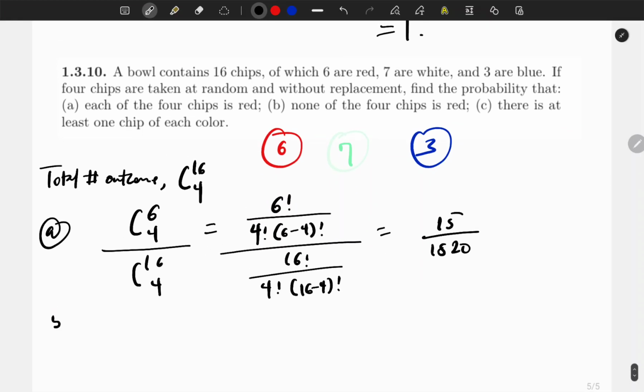So B, none of the 4 chips is red. So if we remove the 6 red from the whole equation, we'll be left with 10 chips to pick from.